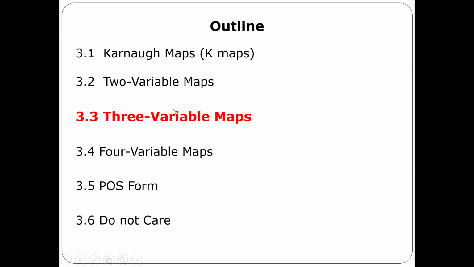I already explained two variables, and honestly, usually we don't use maps for two variables because this is a simple case. Usually we use K-maps for 3 variables and 4 variables. If you have more than 4 variables, the maps become more complicated.